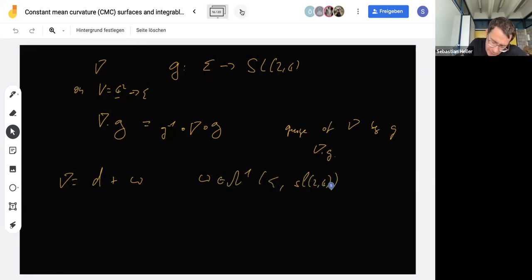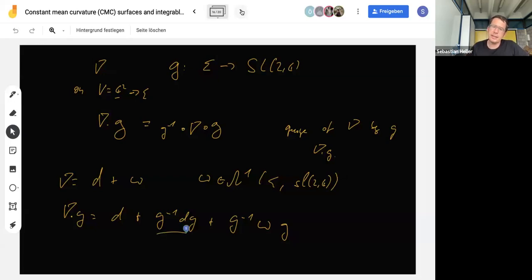And then one can compute that the gauge connection is d plus G inverse dG plus G inverse omega G. So we let G act by the adjoint representation on the connection one form, but also we have to take this derivative into account.